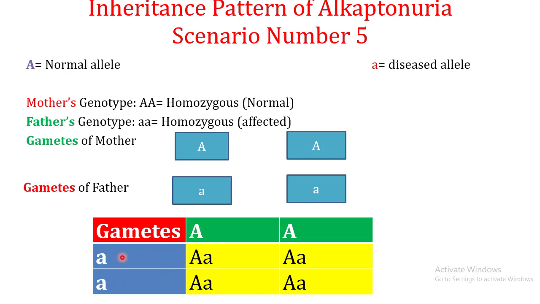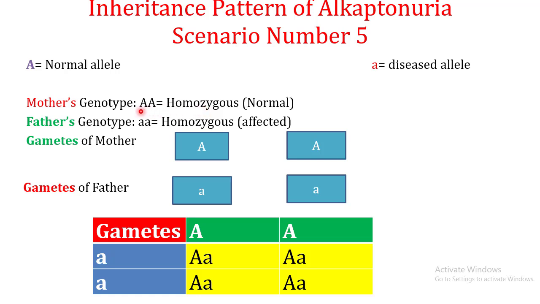So if you combine this with this one, you are going to have a capital A and a small a, a carrier. This capital A with the small a is a carrier. Now this is very interesting. The father is showing the symptoms of the alkaptonuria, but the mother is normal.